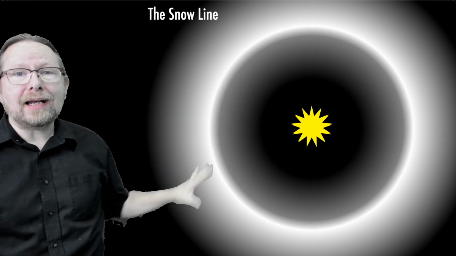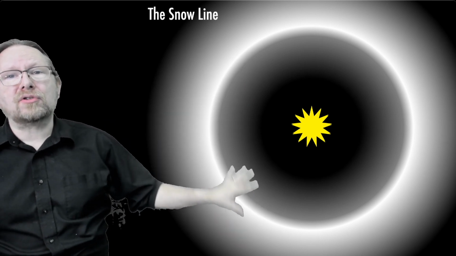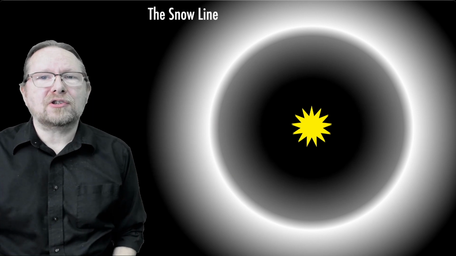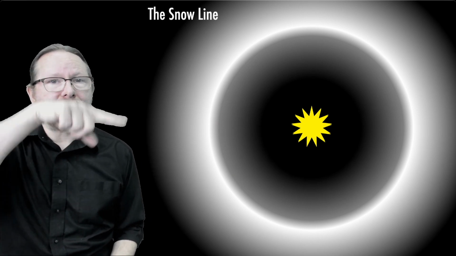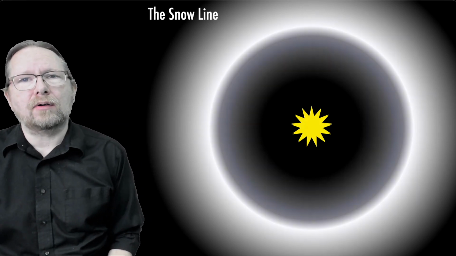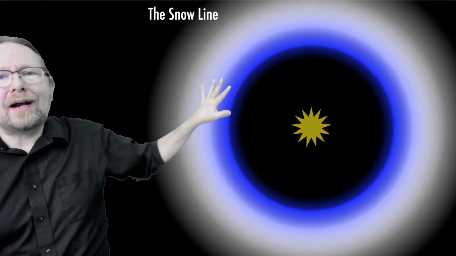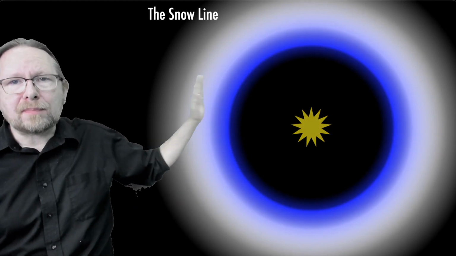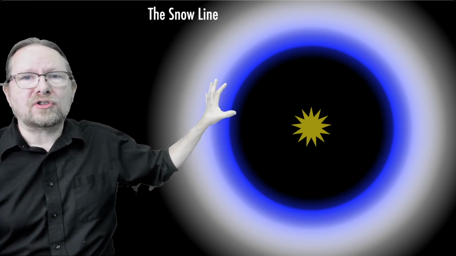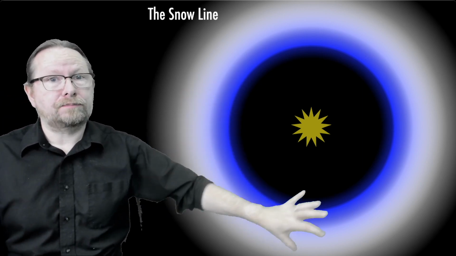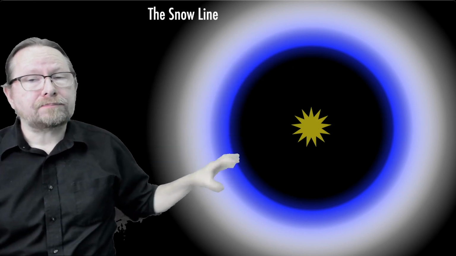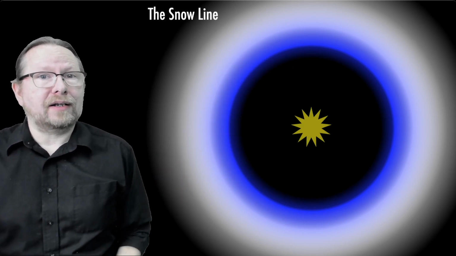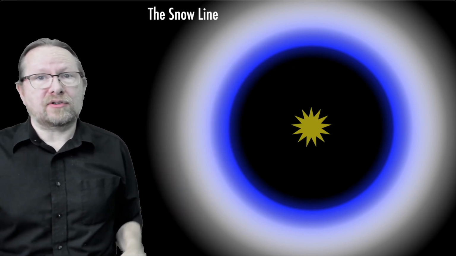And that dividing line causes ice crystals to kind of accumulate at this point in this protoplanetary disk as all this stuff orbits around. This kind of wall of denser material inhibits the migration of material into the inner solar system, and material tends to pile up here. And at this point, larger planetary objects can grow because the material there is more dense.